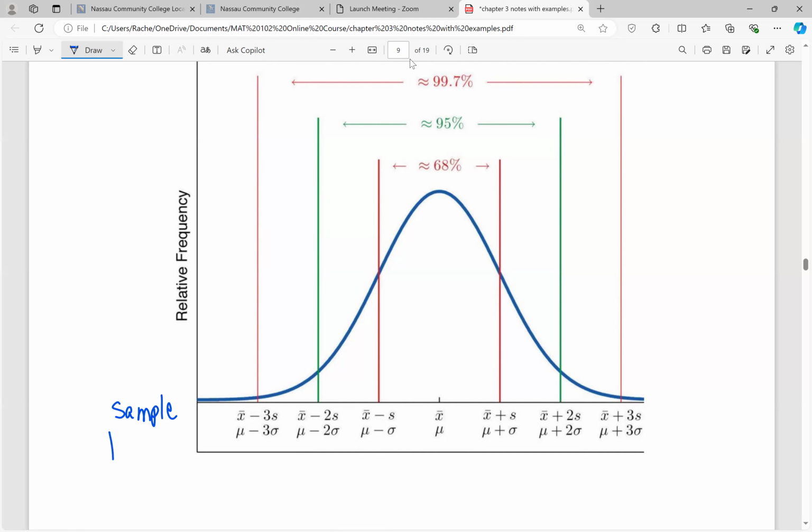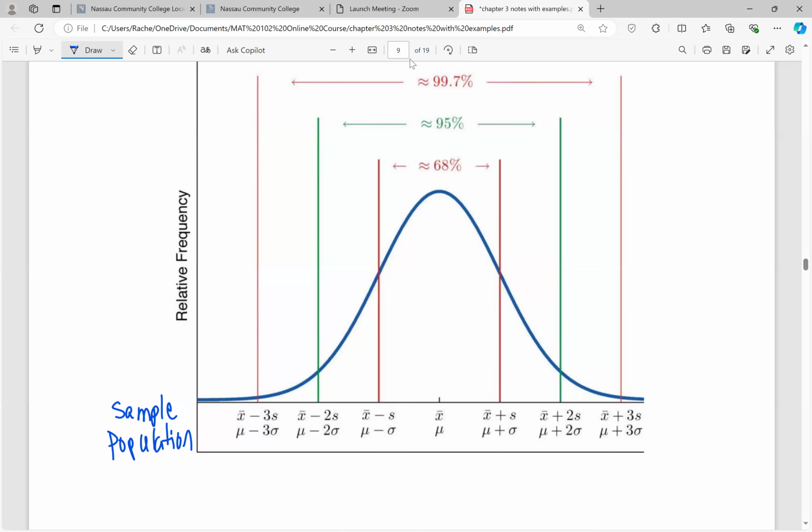If we were using a population of data values, then the mean would be mu. We use different symbols. And don't forget the standard deviation for a sample is represented by s, and sigma represents the population standard deviation. So I have a row for both instances.